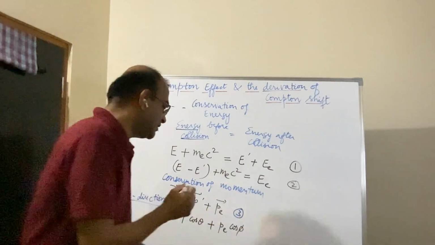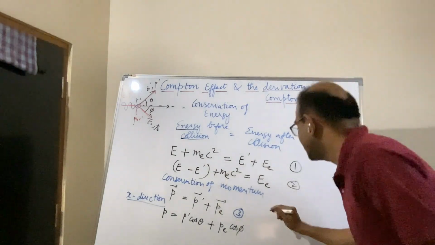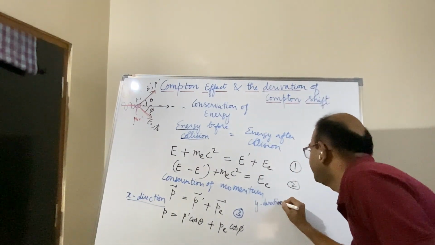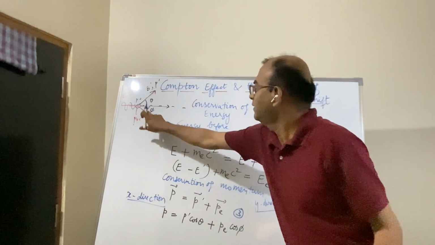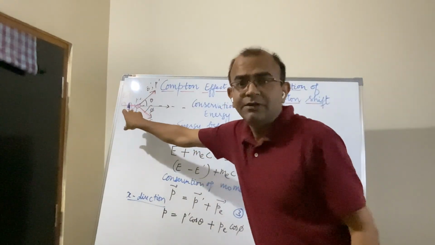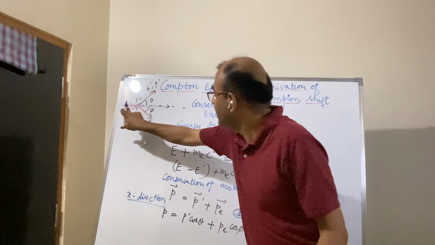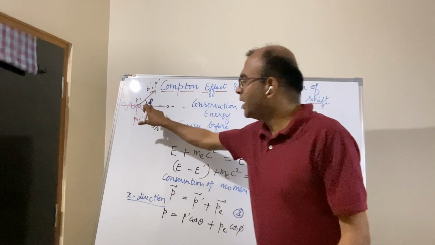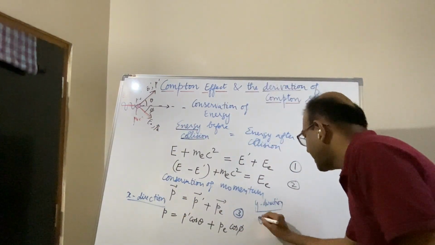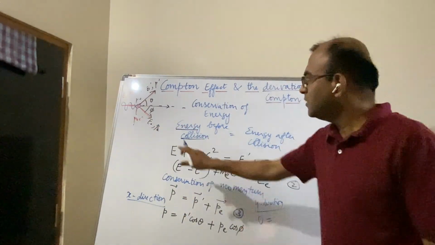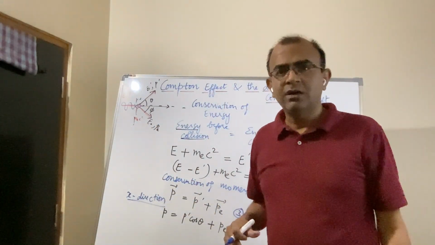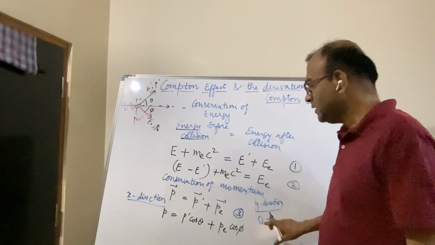And then for the y direction, I'll write the equation here. For the y direction, initially the photon has no momentum along the y direction because it is just traveling in straight line along that direction. It has no y component. So on the left side I say it's 0. And electron obviously was at rest initially, so no momentum anyway for x or y directions for the electron.